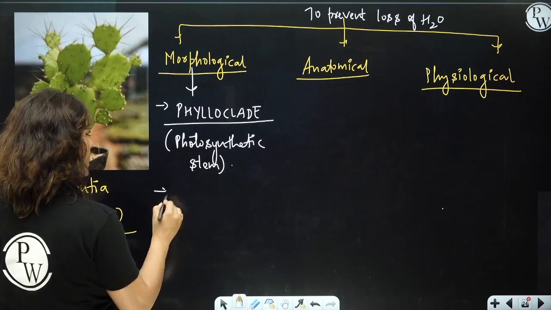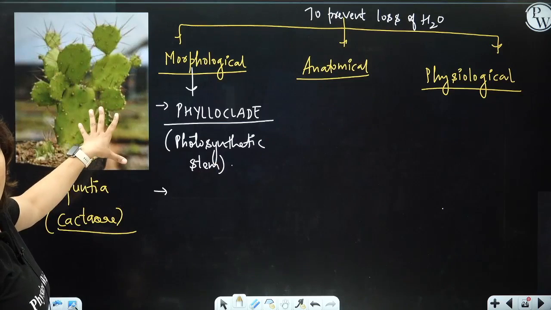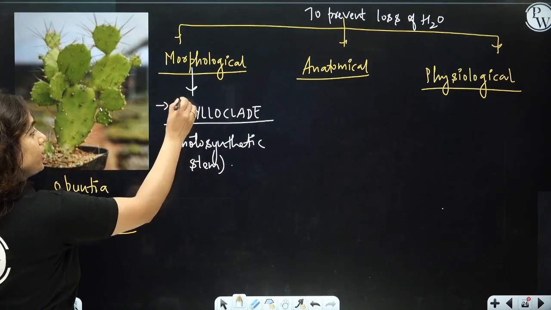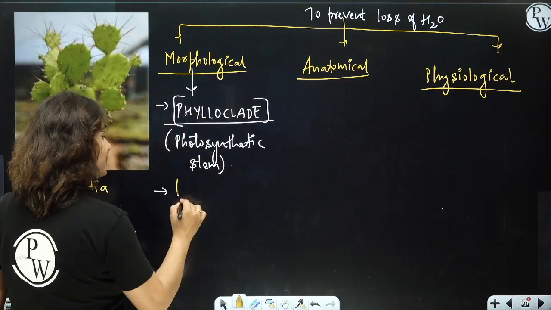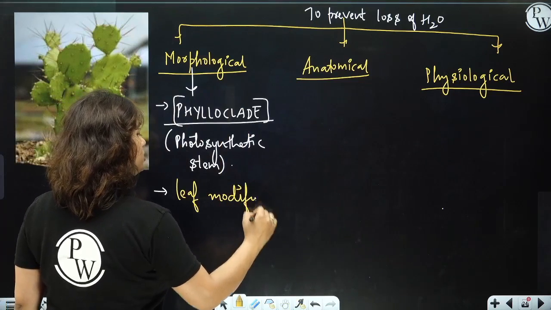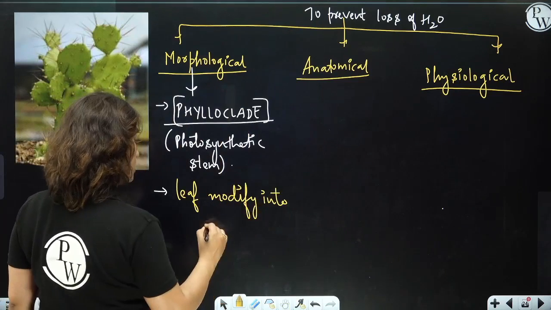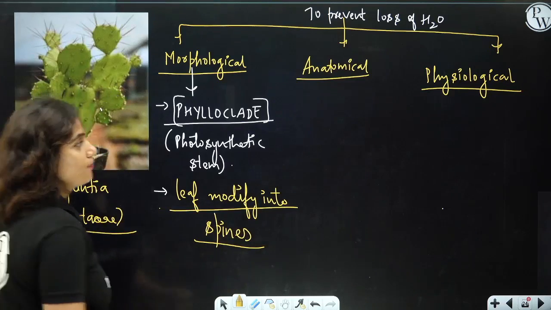So one of the adaptations is that their stem becomes photosynthetic, and that stem is called a phylloclade. Very important question. Then their leaf gets modified into spines. So these are the 2 important morphological adaptations.